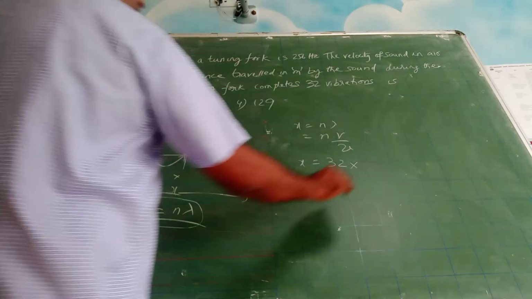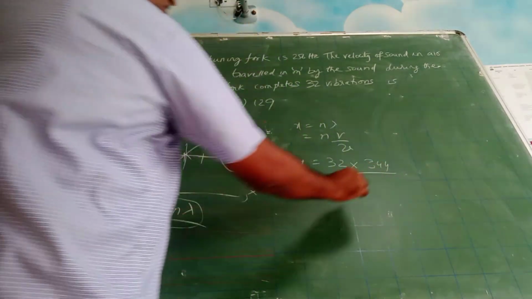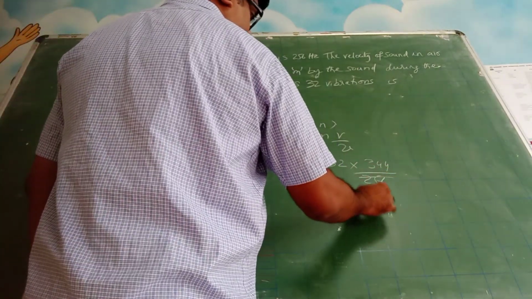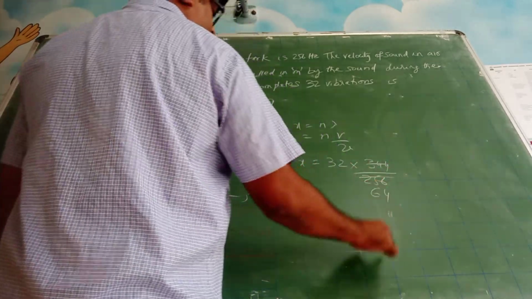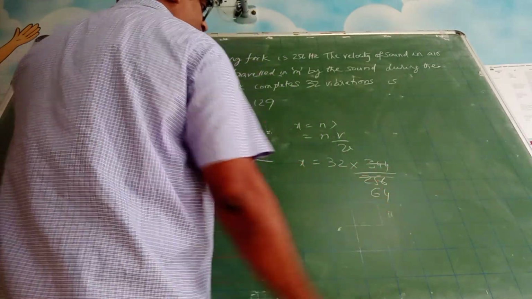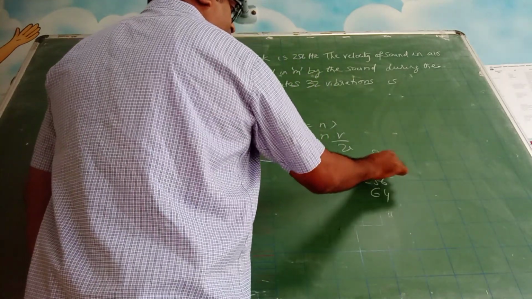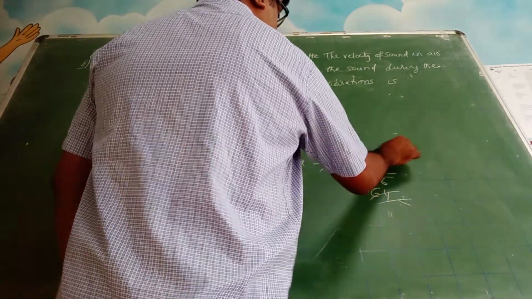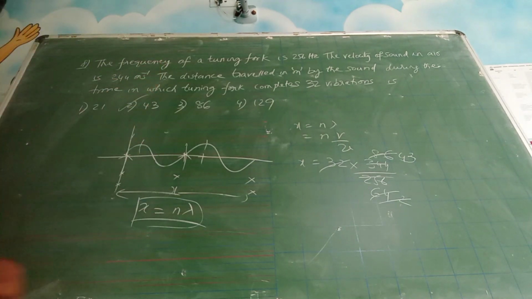The speed is given as 344 and the frequency is 256 Hz. Right? So this is 32 times 344 by 256. This is 43 meters. Option B is the right answer.